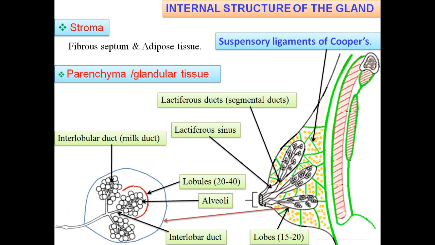Here the stroma condenses to form the suspensory ligament of Cooper. You can see that suspensory ligament divides the lobes and lactiferous ducts.